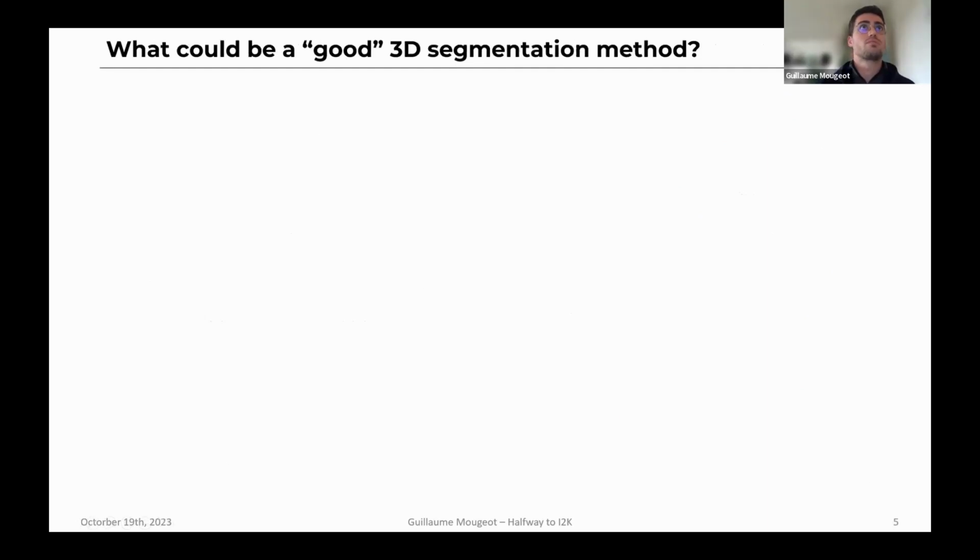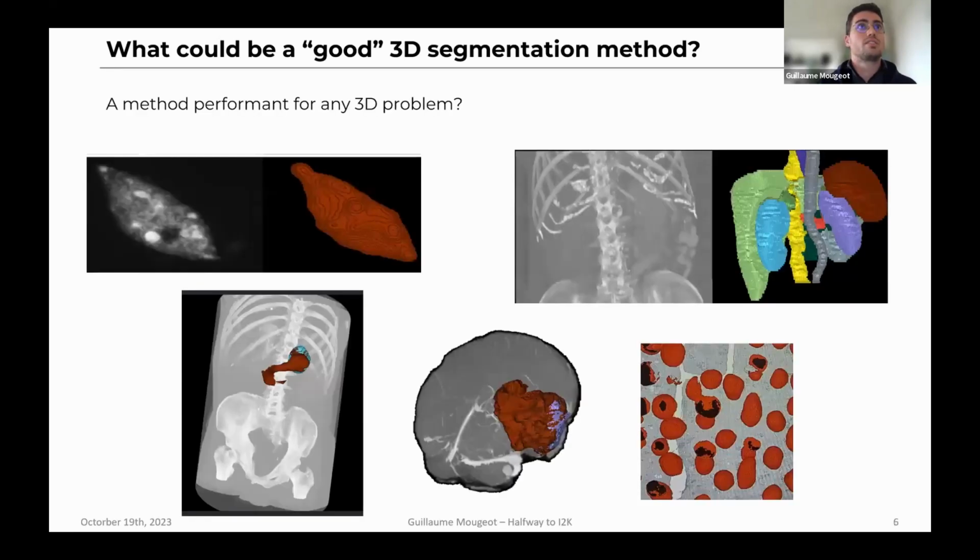This raised the question of what a good 3D segmentation method is, and one could answer: a method that is performant for any 3D problem. For example, it could segment anything from confocal images and electron microscope images to MRI and CT scans, with plenty of objects, such as plenty of organs.